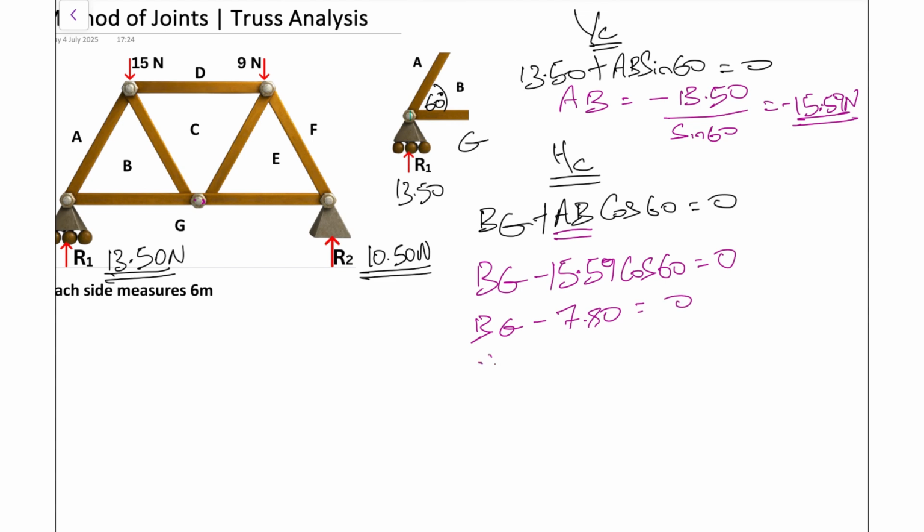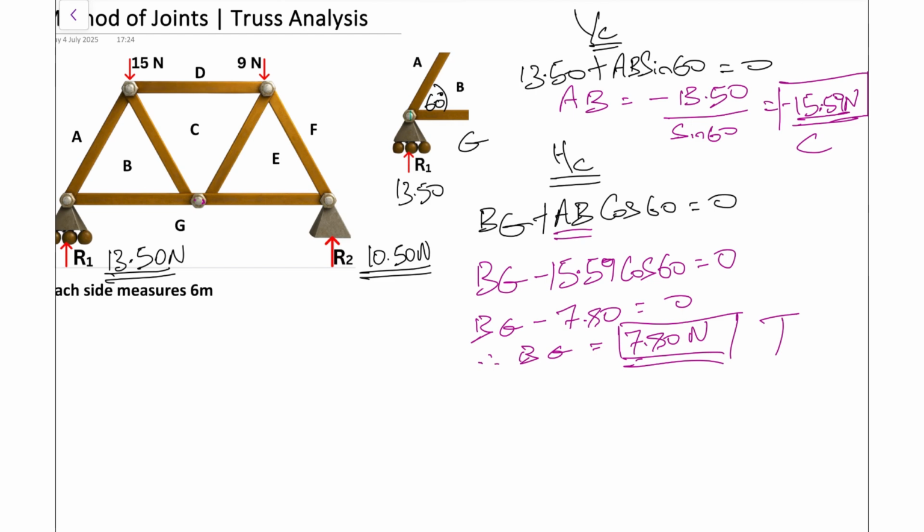Therefore our BG is a positive 7.80 newtons. So there we go, that's the first two members analyzed. We have our force value for BG and for AB. BG is in tension and AB is in compression, or we can label them as ties and struts.